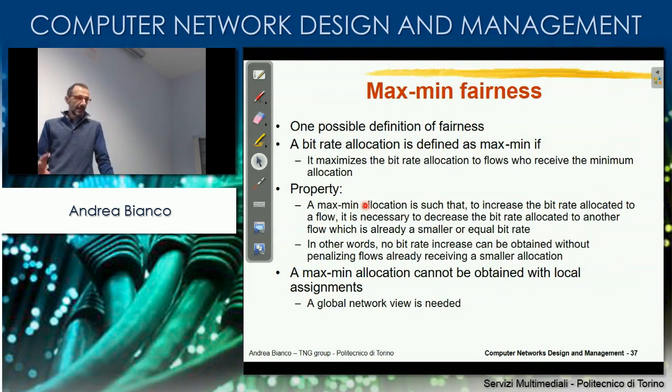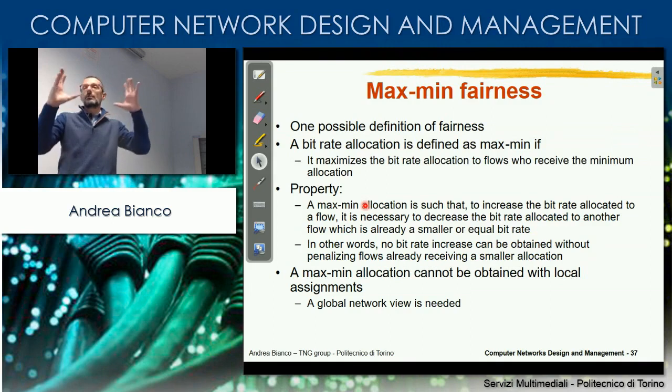Now, that's the definition. There is a well-known algorithm, which we will describe in a moment, that allows us to compute this rate allocation according to the max-min fair definition. To obtain this rate assignment, you must have a global network view. There is no local algorithm that is able to obtain an assignment which is max-min fair. So that's a kind of framework, a kind of goal, okay?